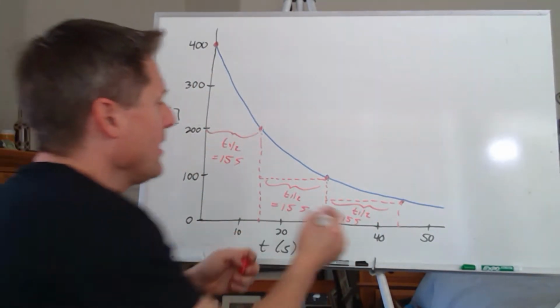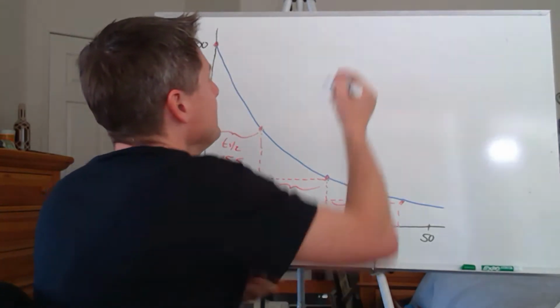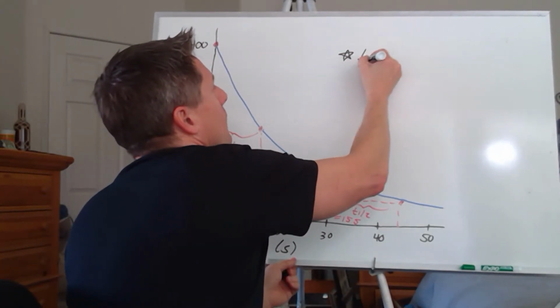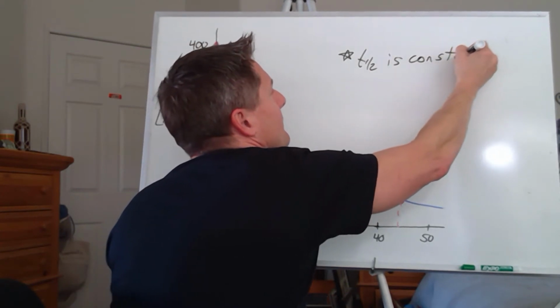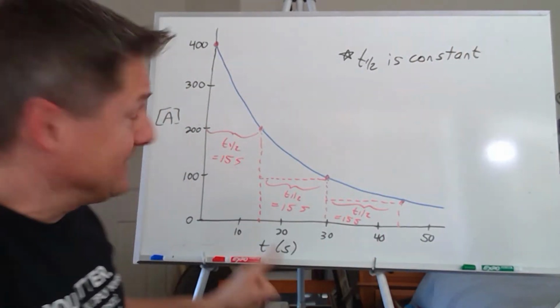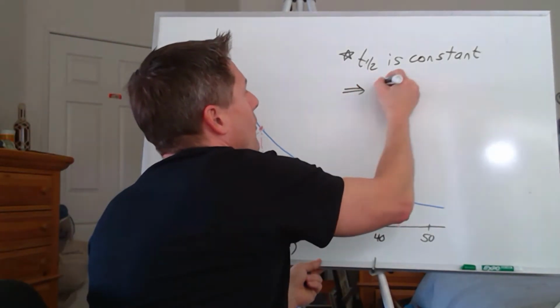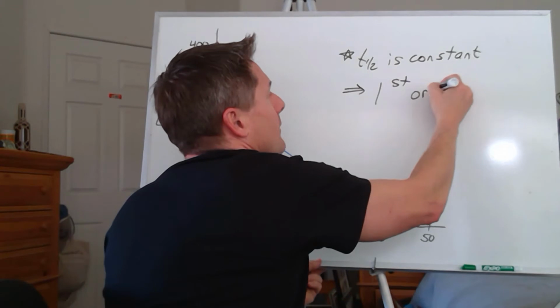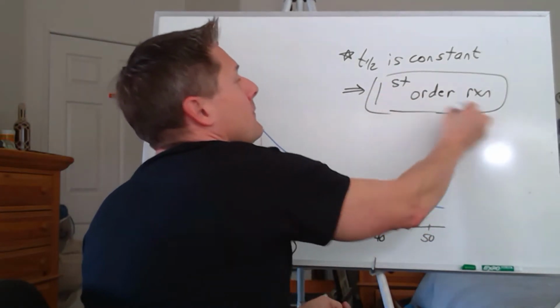So in this scenario, you can see that the half-life, T1/2, is constant. We can just see it. You don't even have to write that. You can just eyeball it from the graph. Therefore, that must be a first order reaction.